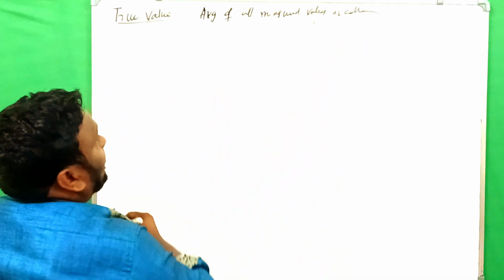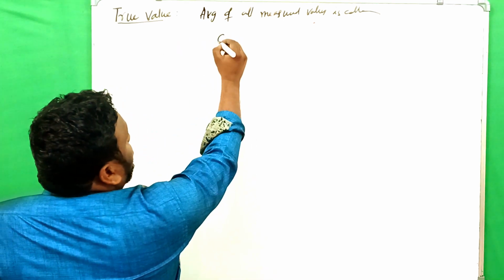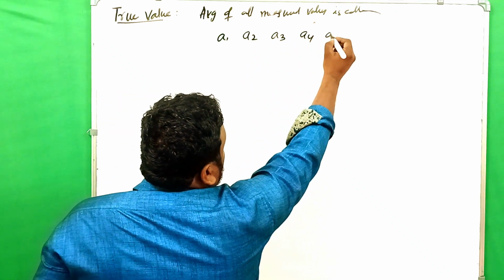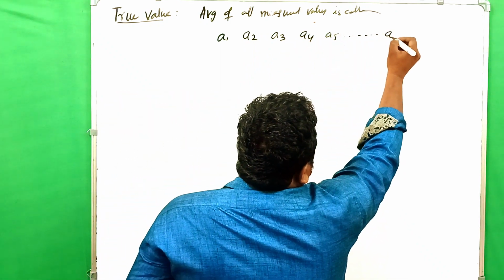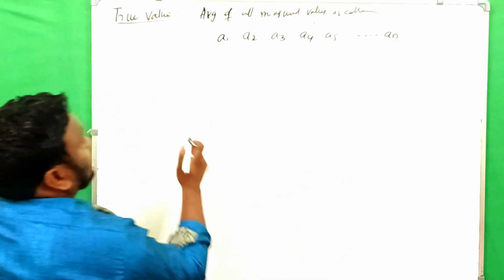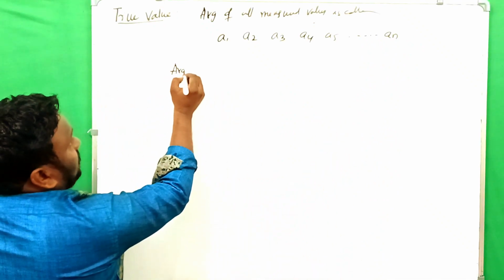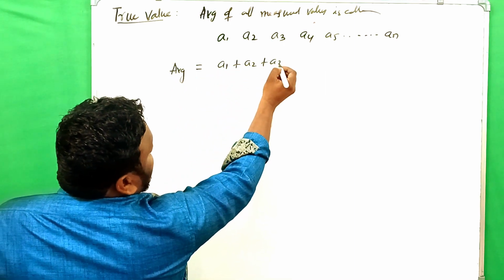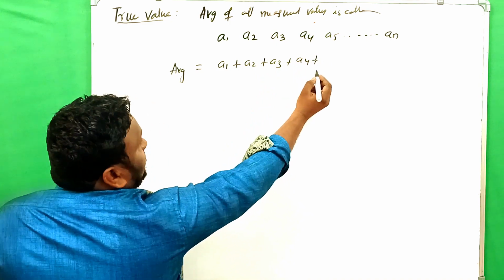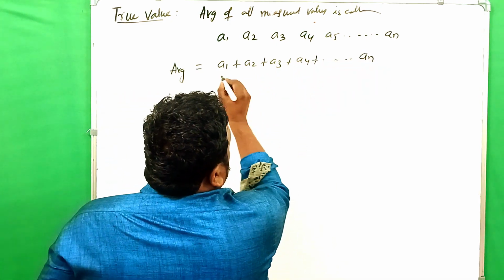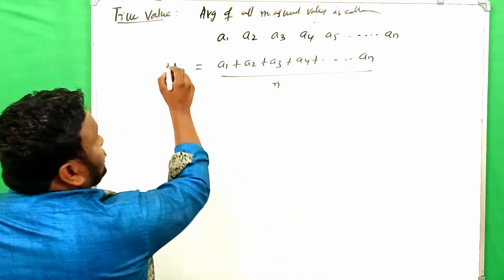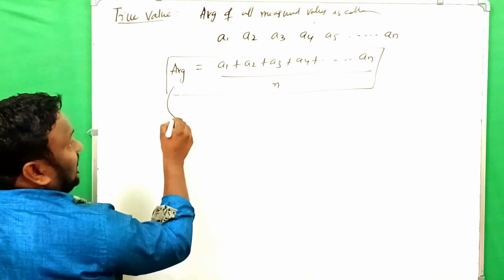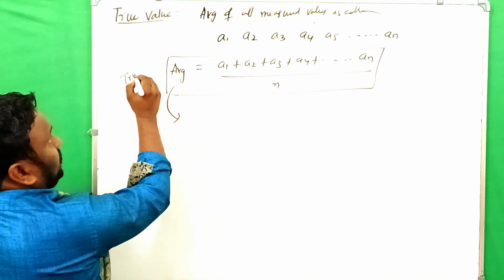For example, if A1, A2, A3, A4, A5 and so on up to An are the measured values, then their average is A1 plus A2 plus A3 plus A4 plus and so on up to An, divided by N. This average is what we take as the true value or mean value.